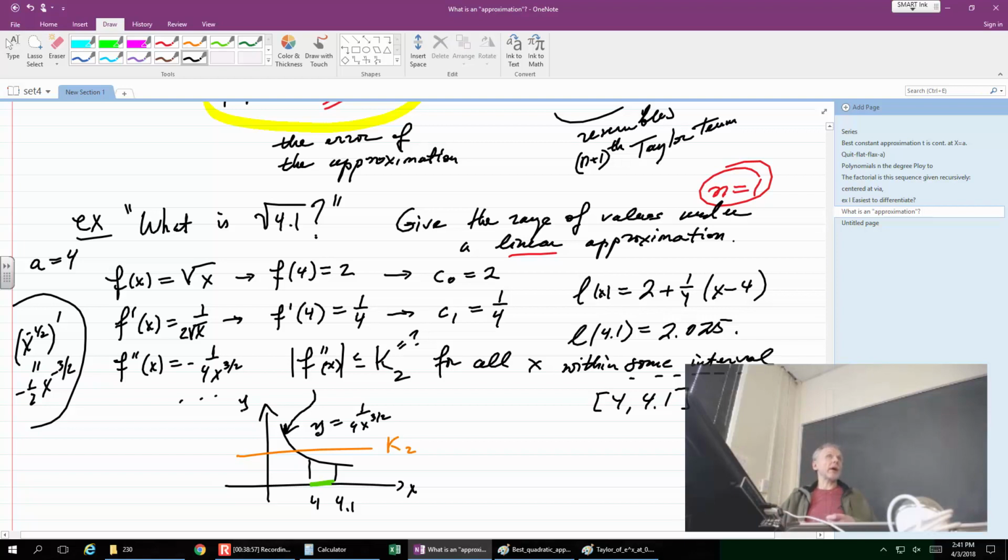Any k2 will do if it is large enough, but what is the best choice for k2 based on the picture? Is it clear what we're trying to accomplish at this moment?